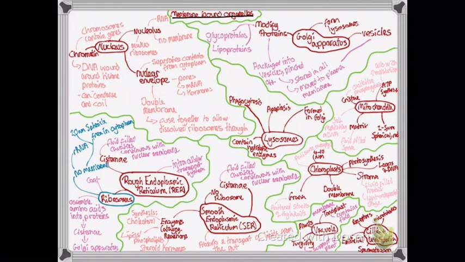Okay, so now let's move on to non-membrane bound organelles, so just organelles without membranes, ribosomes being the first one, and that's the first thing I write here on the left hand side. We've already looked at them, but the next one is centrioles. Centrioles, you'll recognise them from mitosis and meiosis.